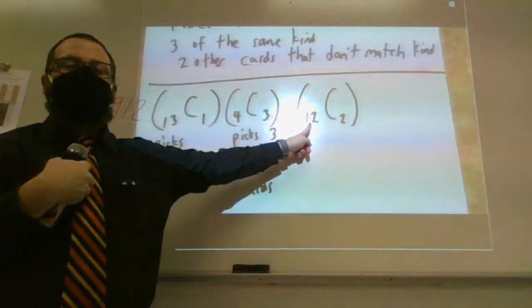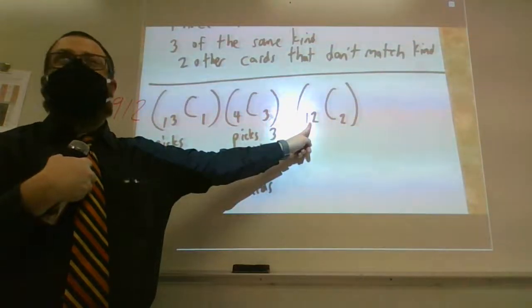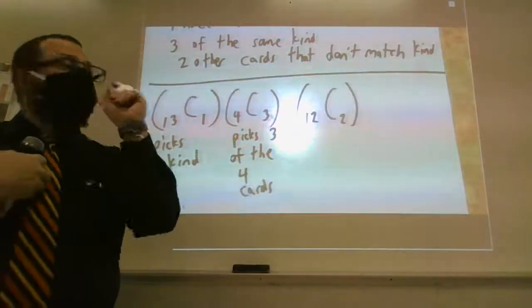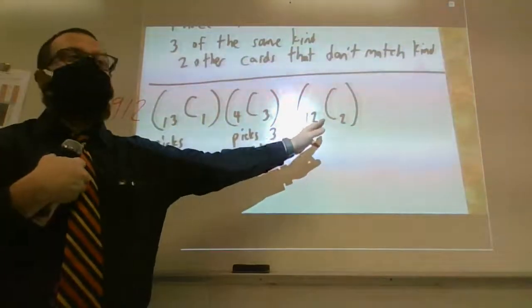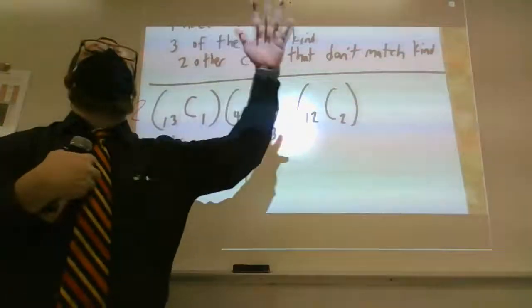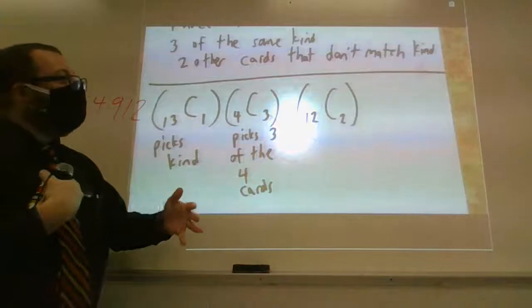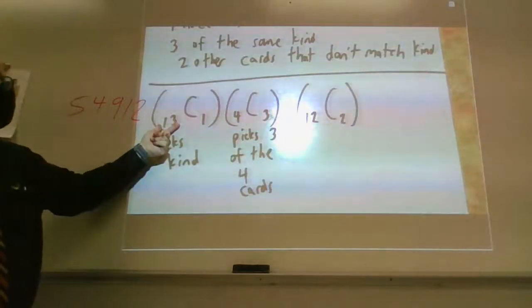Say again? Not the card away, the kind of card away, yes. The 12 represents the fact that I'm no longer picking from all 13 kinds. I'm picking from 12 because I can't use the same kind that I had before.